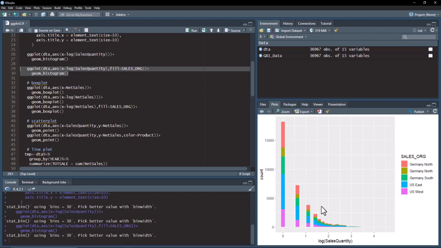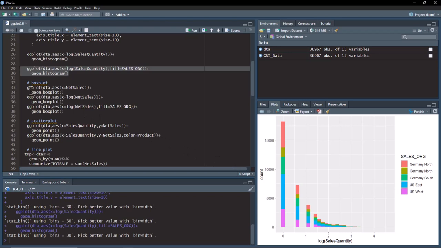So it gives us a little more information about the data we're looking at and maybe controls some of the outliers. Also, since we see that there are differences across the sales organizations, we may want to consider that when we create features or when we do the analysis later.